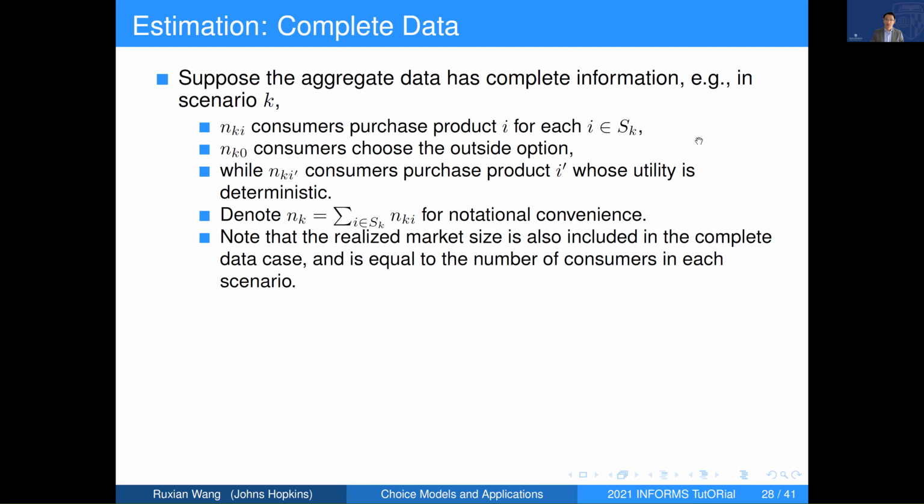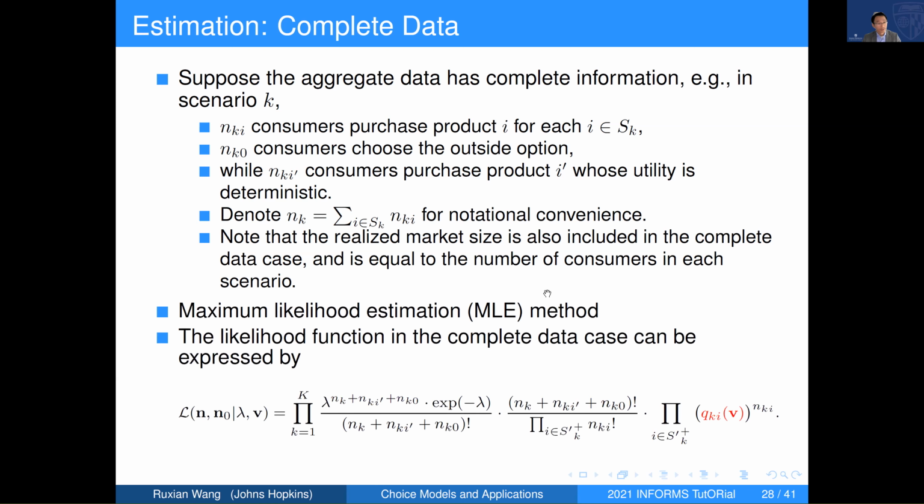Okay, suppose the aggregate data is complete information. N_ki consumers purchase product i in scenario k, N_k0 consumers choose the outside option, and we have some notation. We also assume the market size is a random variable. You realize the market size is also included in the complete data. Basically, it's equal to the number of consumers in each scenario. We take the maximum likelihood estimation, the MLE approach.